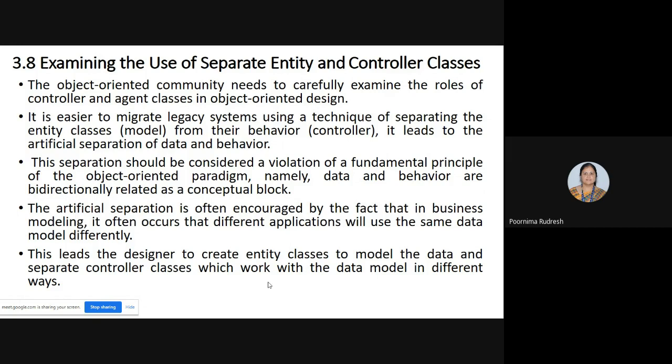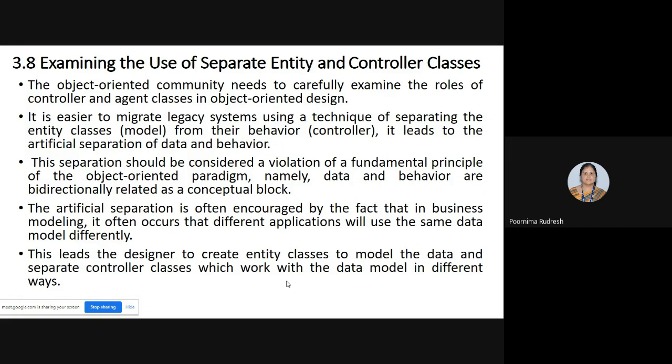So, since the same data is used differently in different applications, it leads the designer to create entity classes to model the data and separate control classes which work with the data model in different ways.